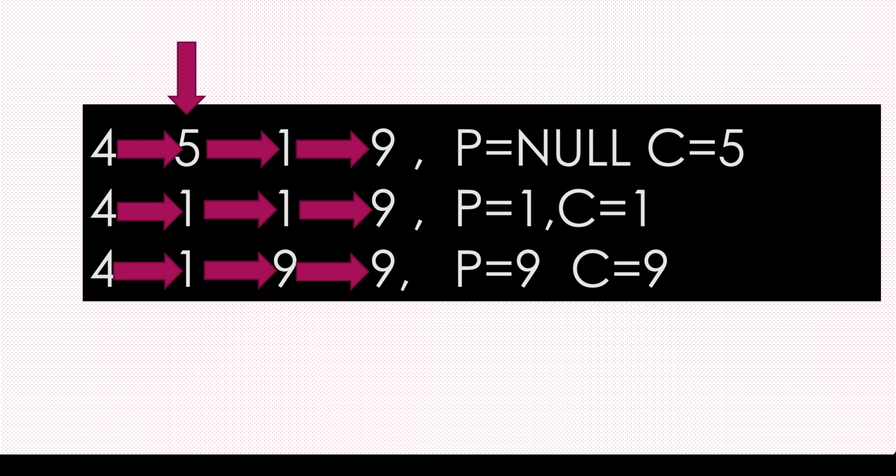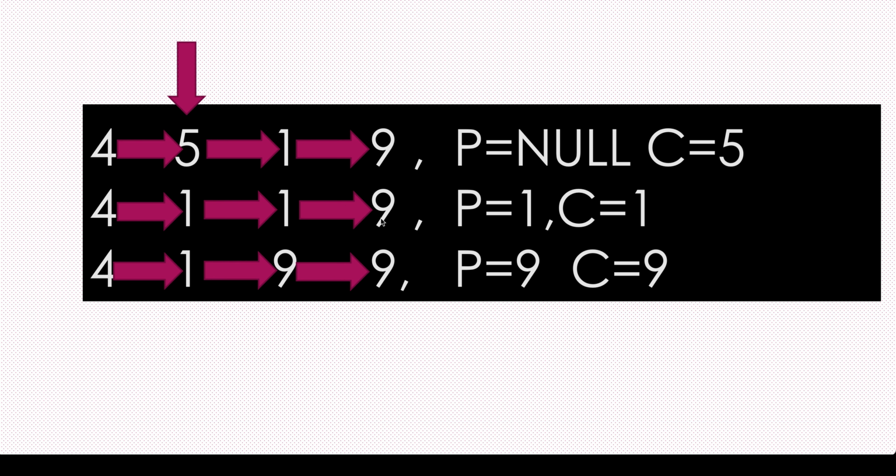In the next iteration, since 1 is current, the current next is 9. So we will replace the value of the current, this 1, with the value 9.